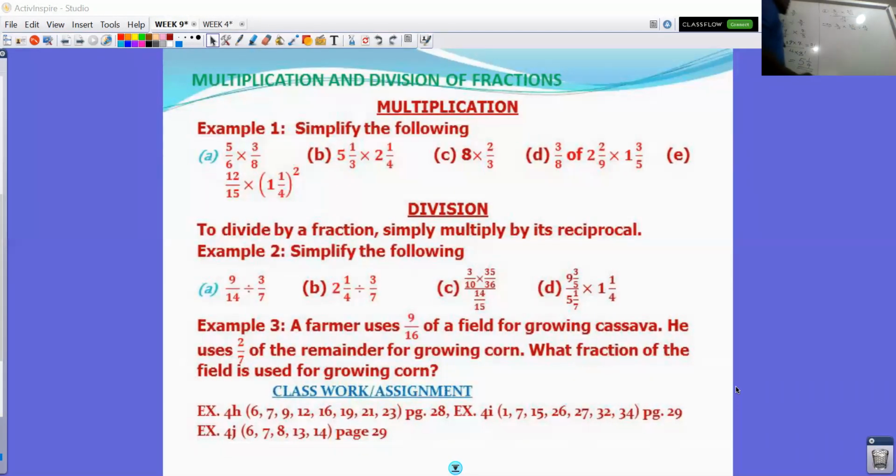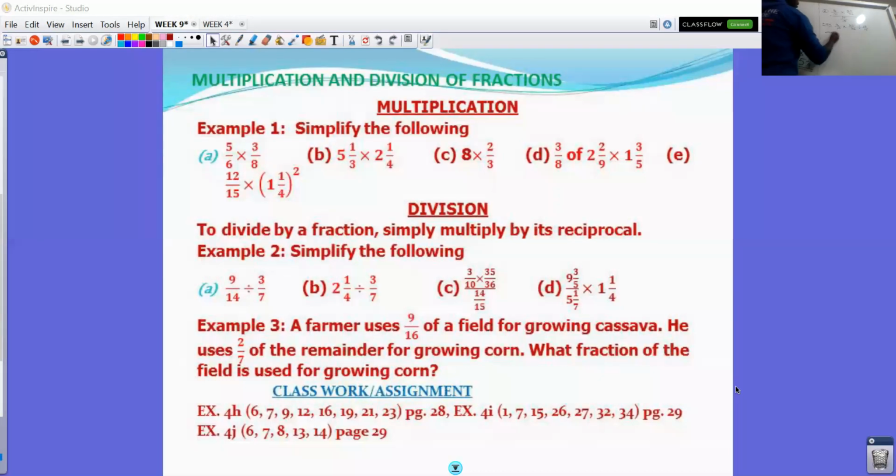Can you get that? You see that in a more simpler form, I've written this question like this. So it means that I can now change this division into multiplication. By the time I do that, the numerator of the 14 over 15 will come down, and the denominator will go up.